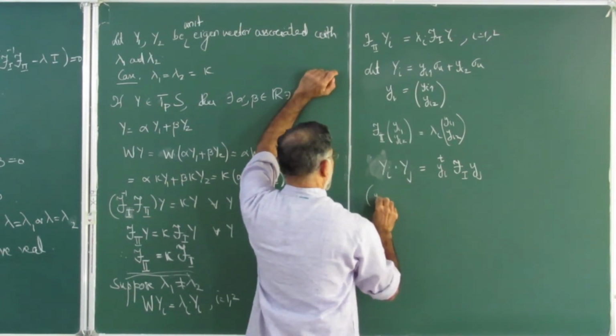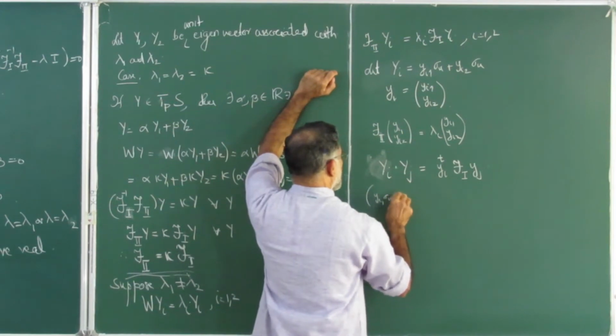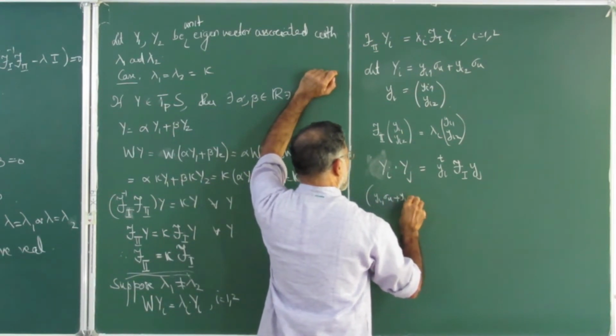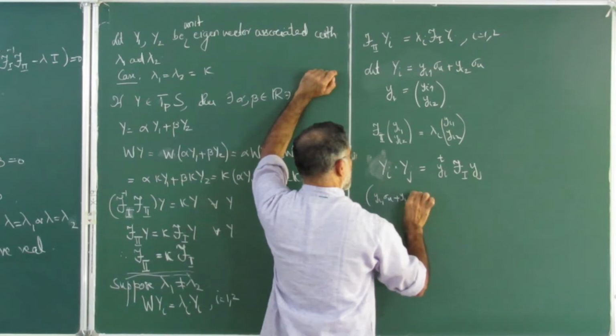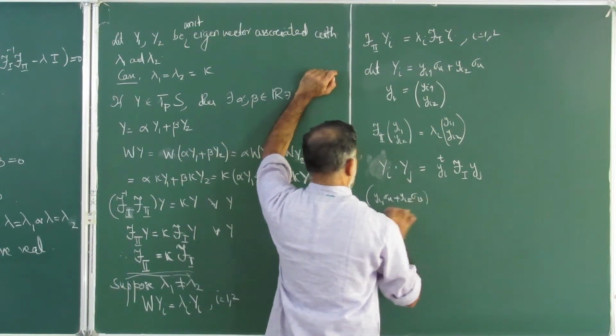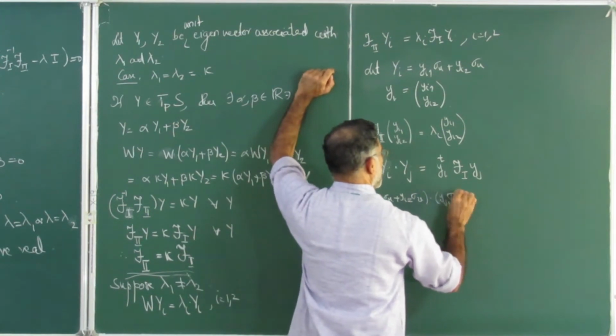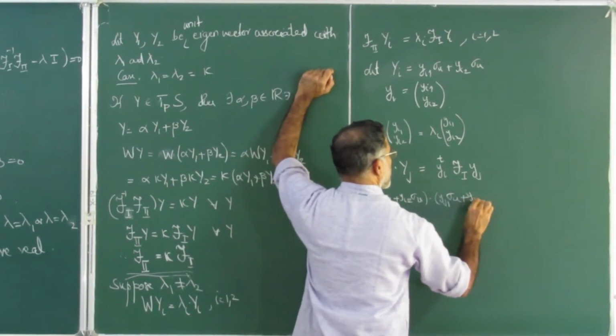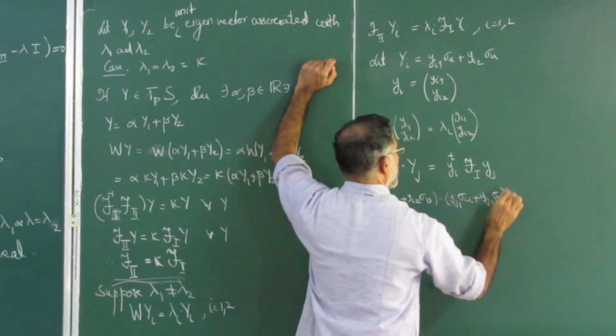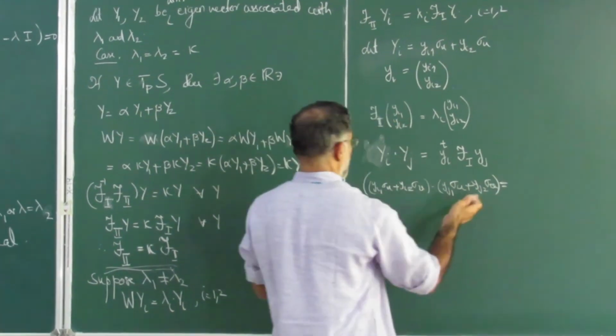So what do you get? yi1 sigma u plus yi2 sigma v, dot product with yj1 sigma u plus yj2 sigma v, and now take the dot products.